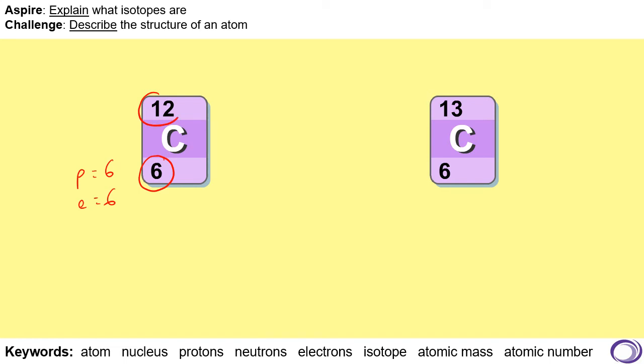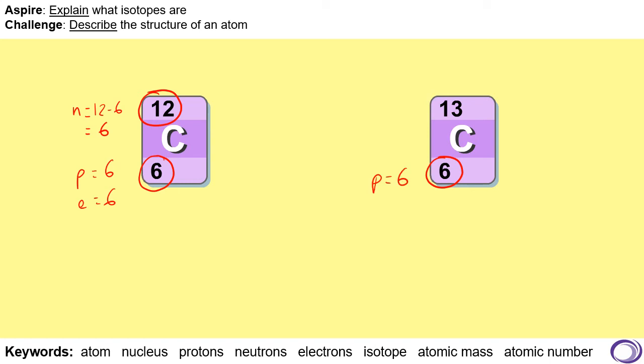But if you look at the mass number is 12, so this tells us that the number of neutrons, remember you do the difference between mass number and atomic numbers, it's 12 minus 6, so that is 6. So this carbon has got 6 neutrons. If we look at this right-hand carbon atom now, so the atomic number is still 6.